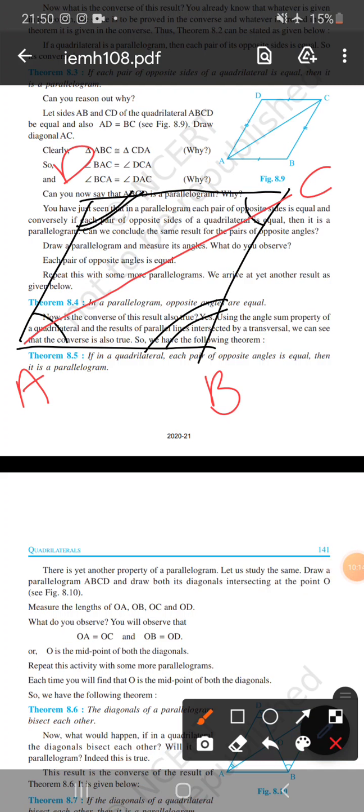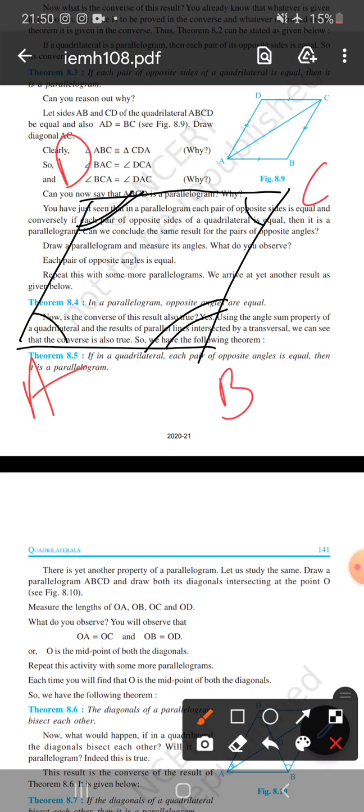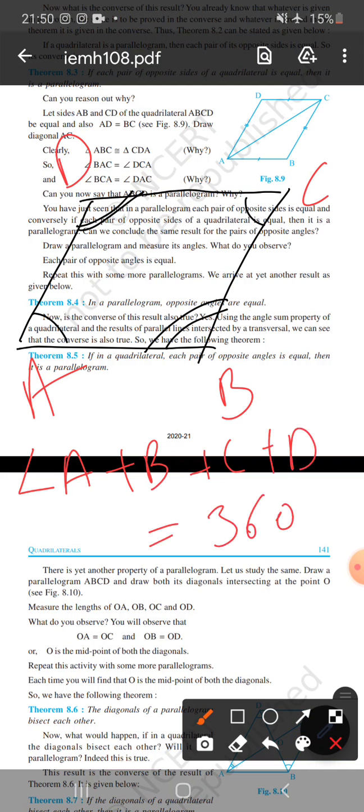Let's say ABCD is our quadrilateral and angle A is equal to angle C, angle B is equal to angle D. So according to the angle sum property of a quadrilateral, angle A plus B plus C plus D is equal to 360 degrees.